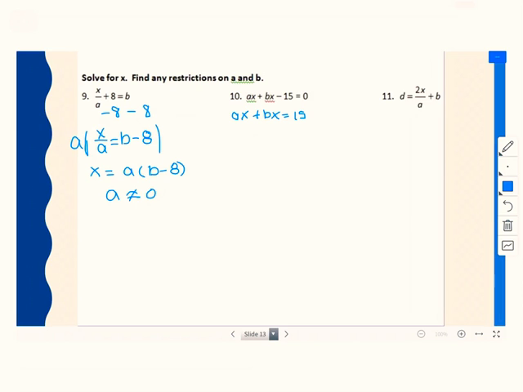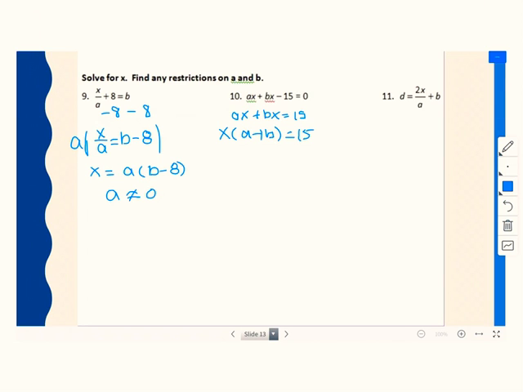So in order to solve for x, we actually have to use the GCF to get the x away from both terms. So x is the GCF of ax and bx. So we're going to pull x out, leaving a plus b. And that equals 15.